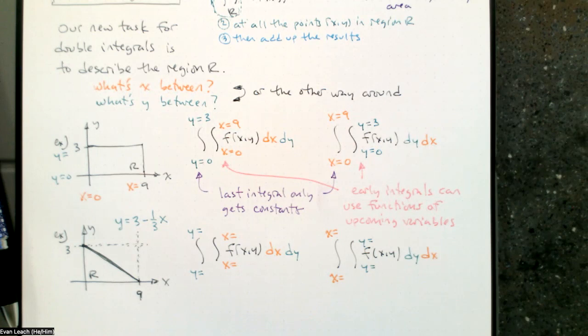The easiest place to start is the last place that we would actually calculate. It's easiest to start with the last integral because the last integral has to be constants.